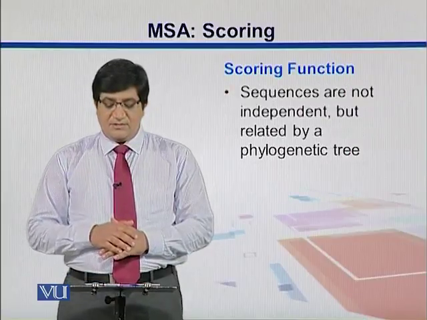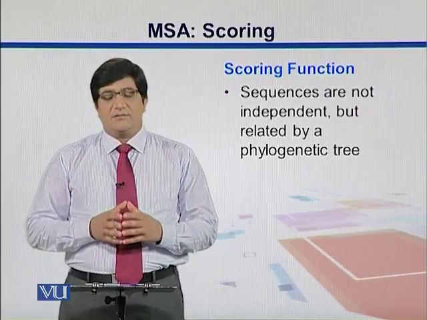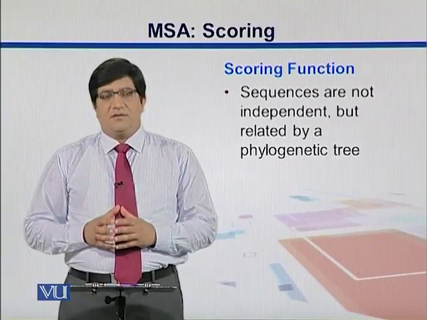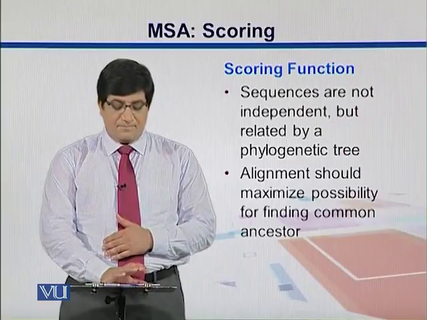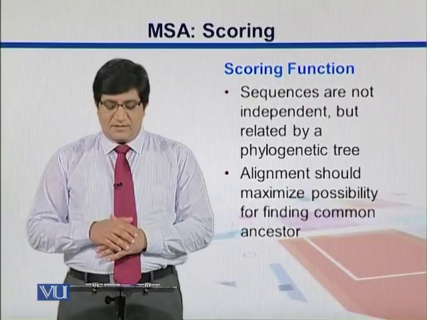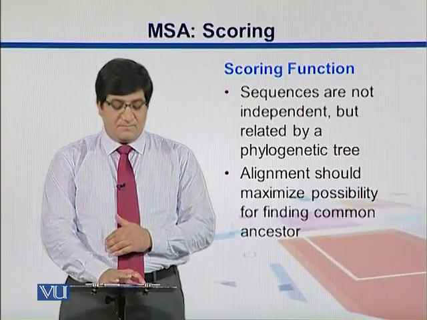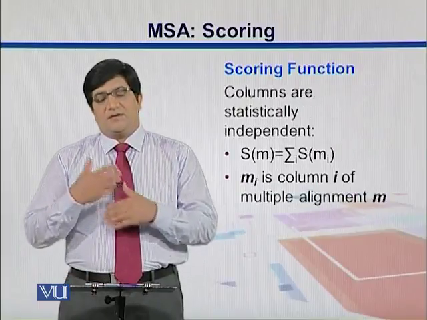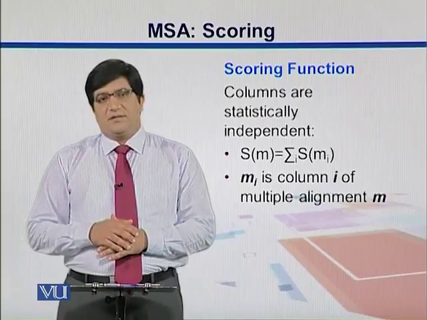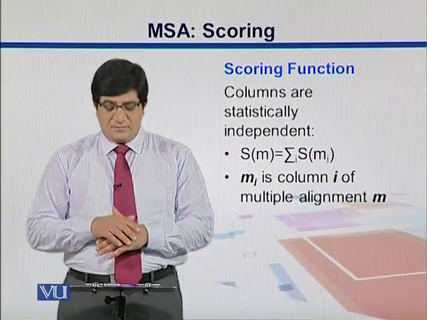We should also consider that sequences are not independent, but are related by phylogenetic histories, which are represented by phylogenetic trees. And then these alignments should maximize the possibility of finding the common ancestors. So all these things, including these phylogenetic relationships, are taken into account while scoring those alignments.